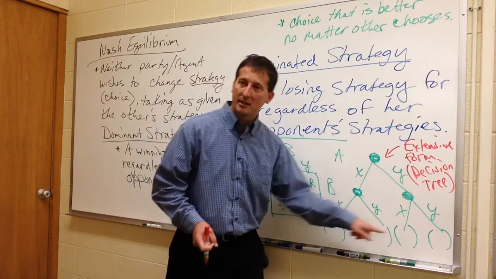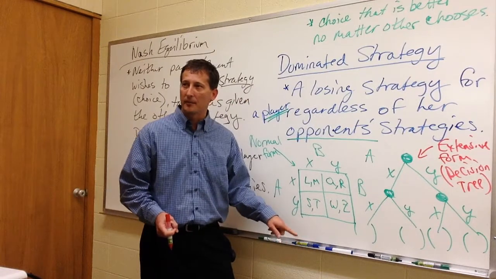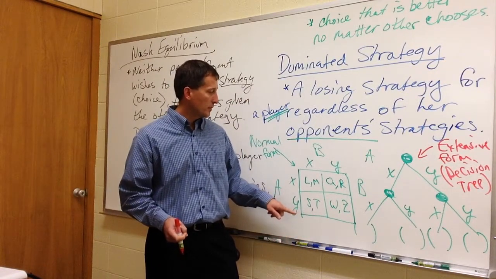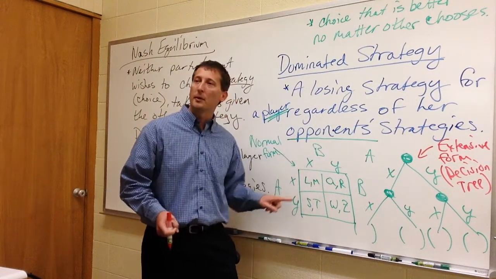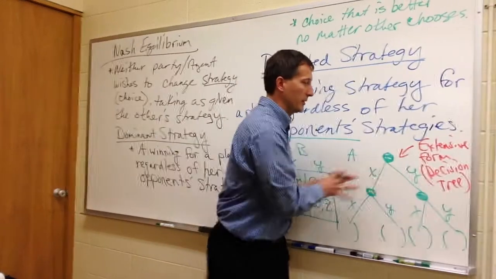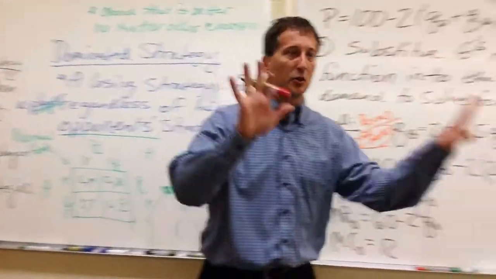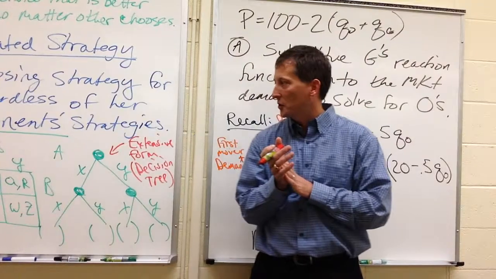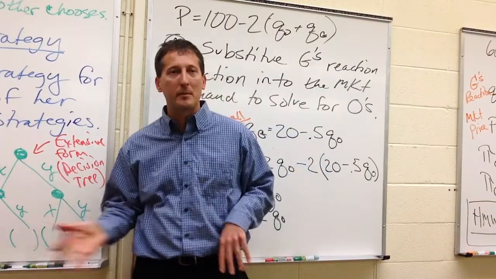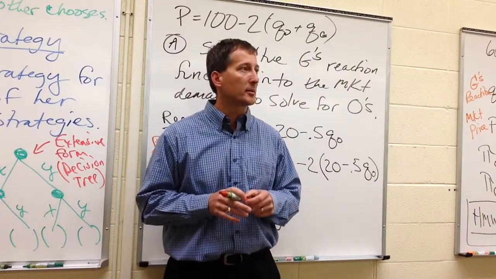This one might be easier to track through a sequential game using the extensive form as opposed to this one. But you're absolutely correct. We can duplicate the data. So there's two different forms, two different tools to analyze games. One might be more convenient than the other depending on the circumstances.